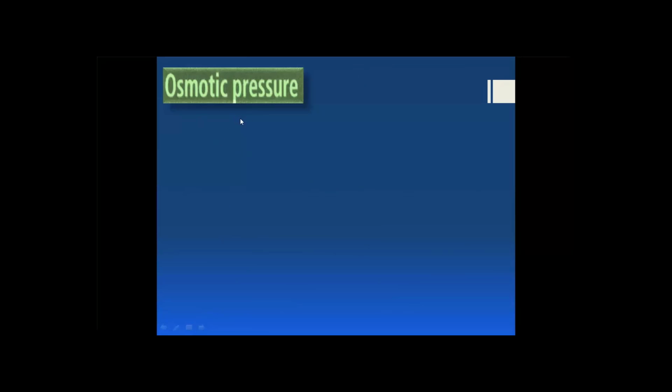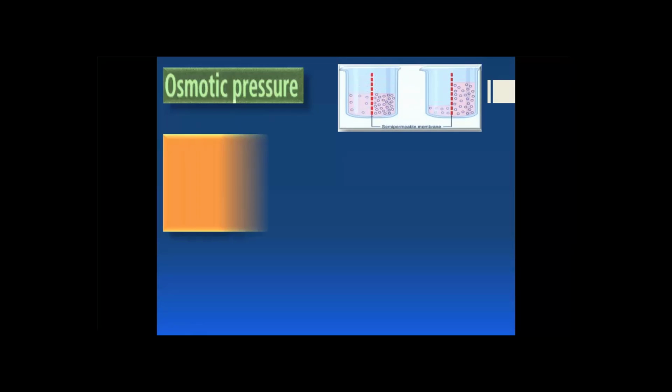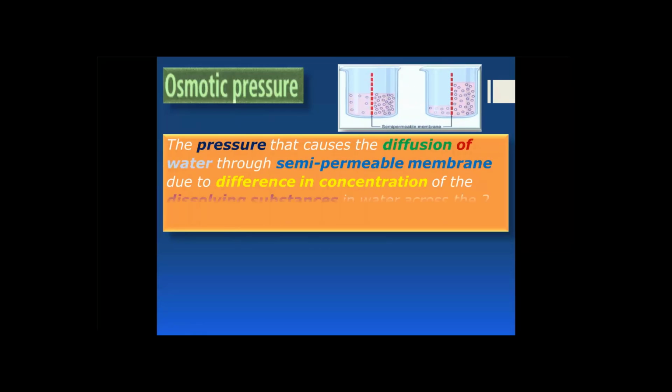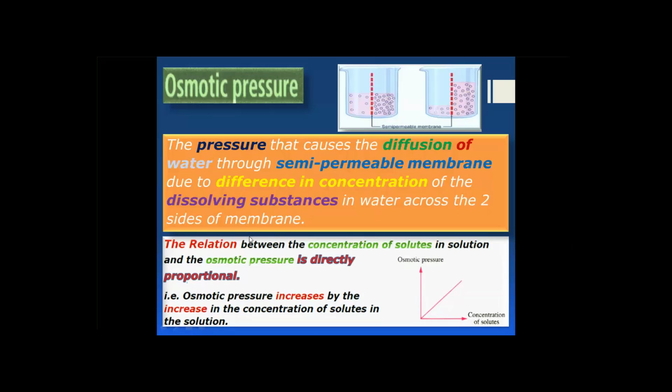Osmotic pressure. The pressure that causes the diffusion of water through semi-permeable membranes due to the difference in concentration of the dissolved substances in water across the two sides of the membrane. As we see in the beaker, from high concentration of water to a low concentration of water, there is a membrane between them, a plasmic membrane which has tiny pores to permit the passage of water.